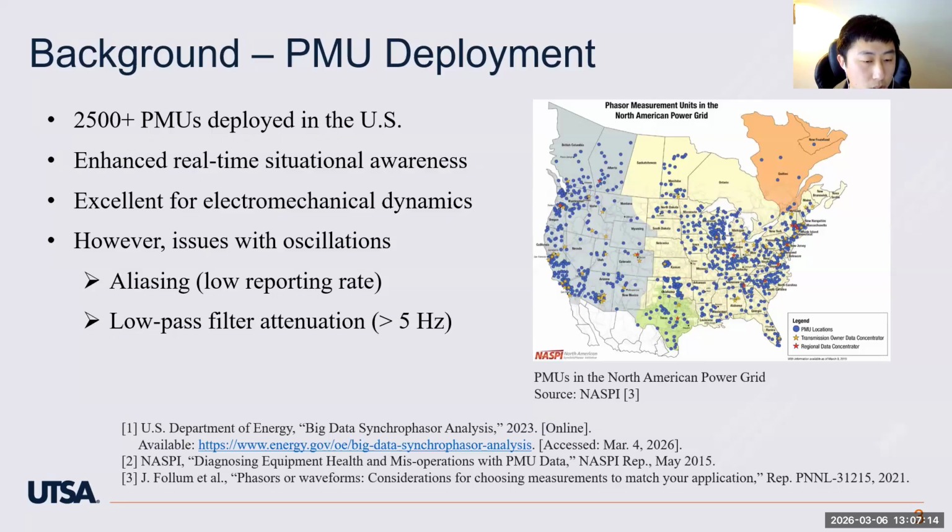An earlier work by Chitian from Dominion Energy and Luigi from RPI reported a 22 hertz oscillation event in Dominion Energy, which appeared as 8 hertz oscillations in PMU data. That was a very typical aliasing effect.